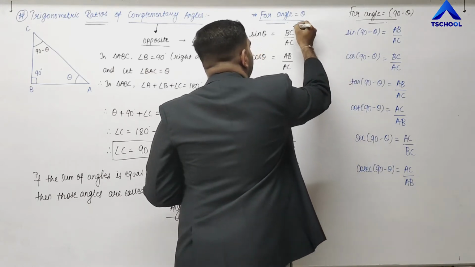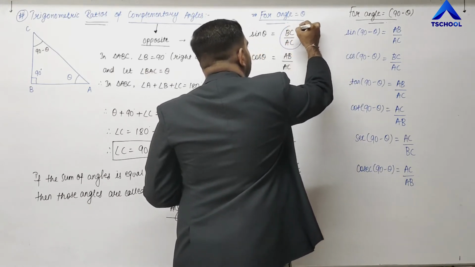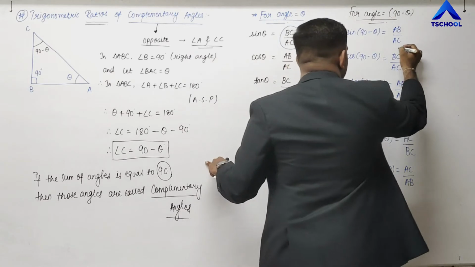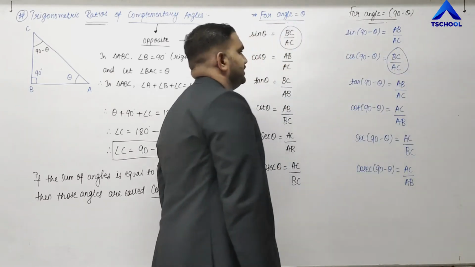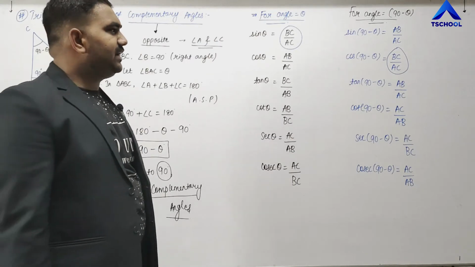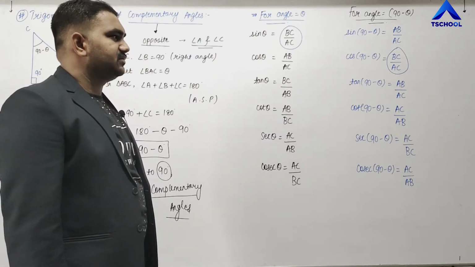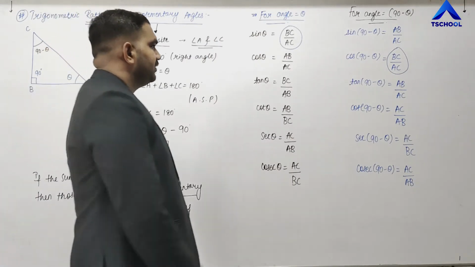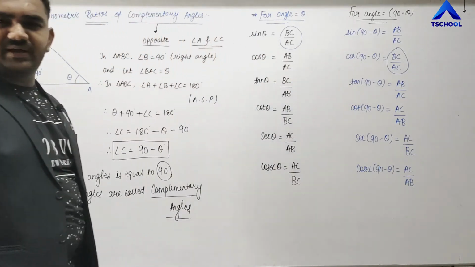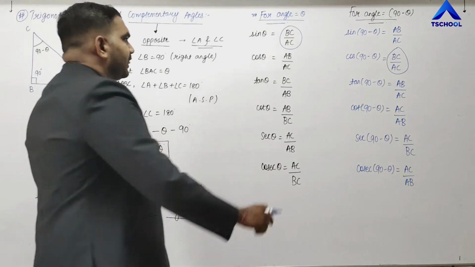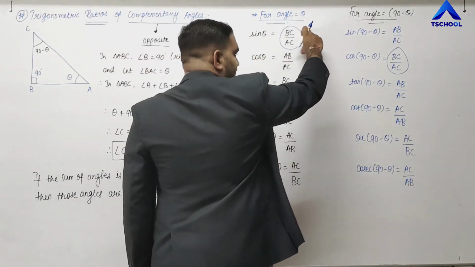Okay, let me clarify it like this. Here it is BC upon AC. Here also it is BC upon AC. So ultimately what can you write down from this? That sine theta is equals to cos 90 minus theta. Can we write down or not? Because sine theta equals to BC upon AC.